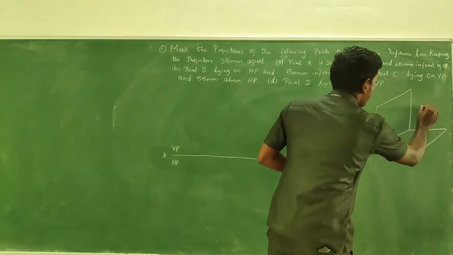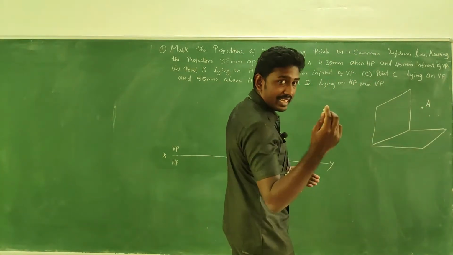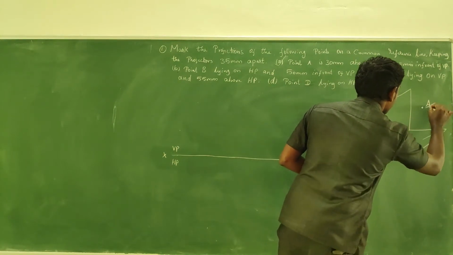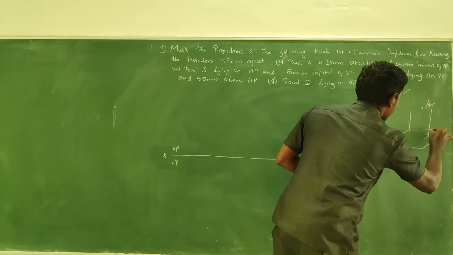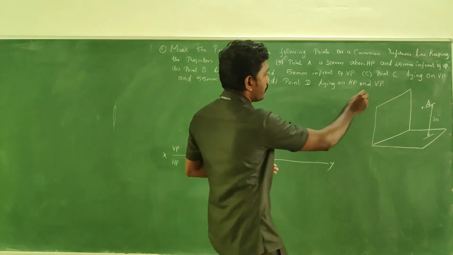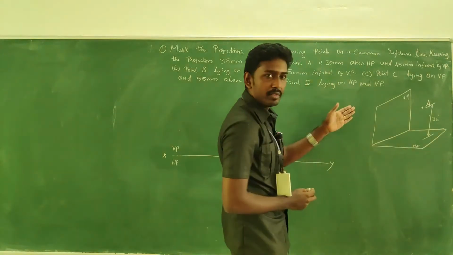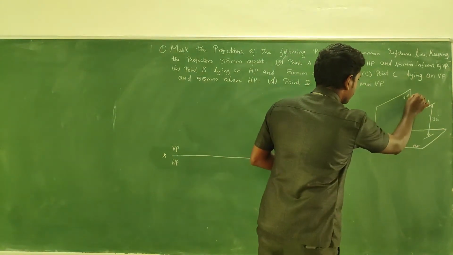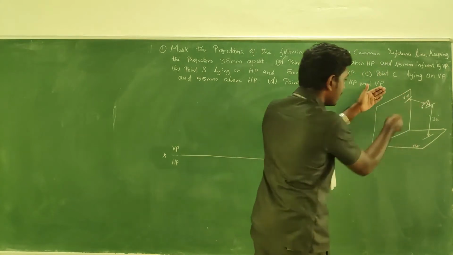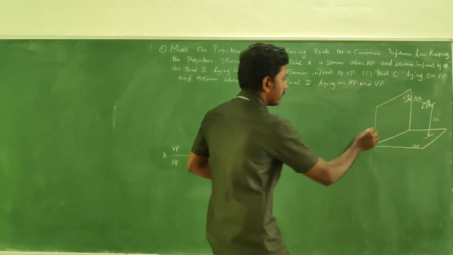So if I keep point A, which is 30 mm above HP, something like this, and in front of VP, from the vertical plane, this is the vertical plane, this is the horizontal plane, the distance from the vertical plane is mentioned as 45.